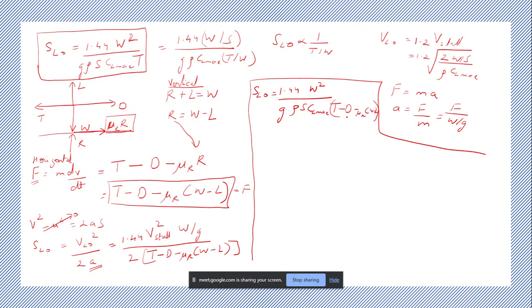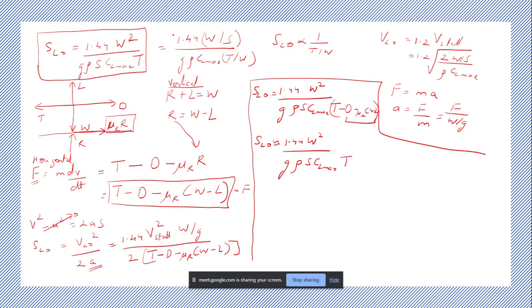Now we neglect this small quantity by assuming it to be around 10 to 15% of thrust, and we use only the thrust component here. So S liftoff is approximated as 1.44 W square by G rho S CL max into thrust.